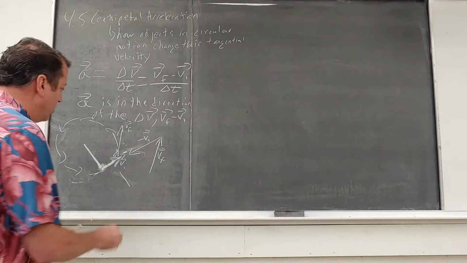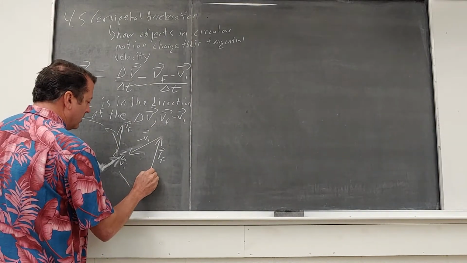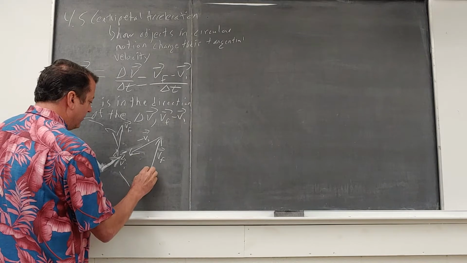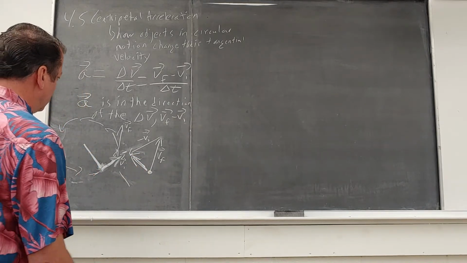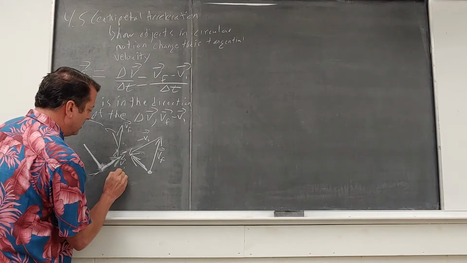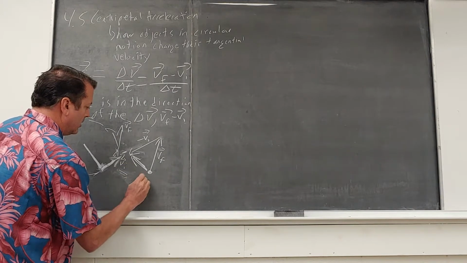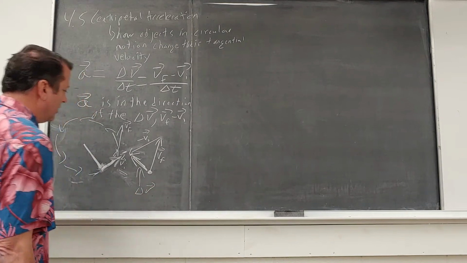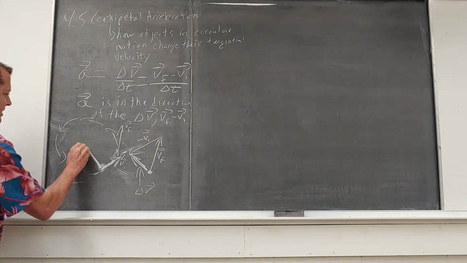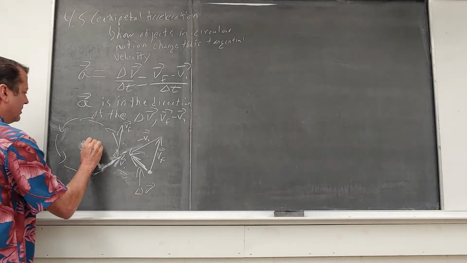Now we do tip to tail, here to here. Well, that's in that direction. This is delta V vector. Well, if this was the center here, this is the center.